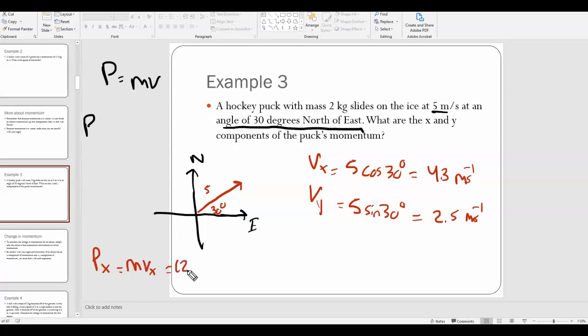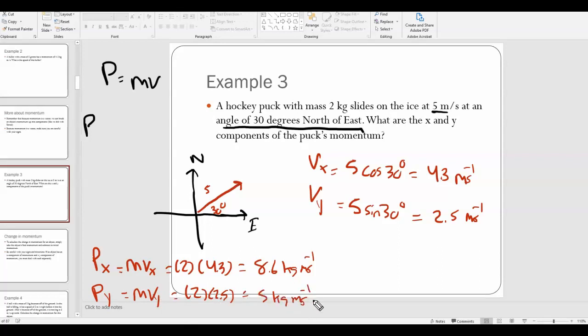That would be 2 times 4.3, which is 8.6 kilogram meters per second. And py would be the mass times vy, which would be 2 times 2.5, which is 5 kilogram meters per second. And so that would be the x and y components of the momentum.